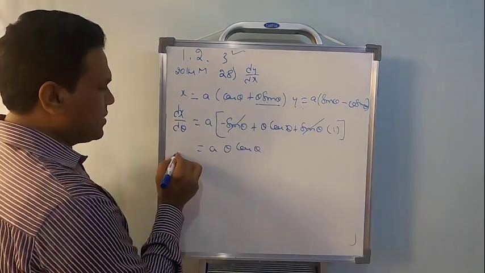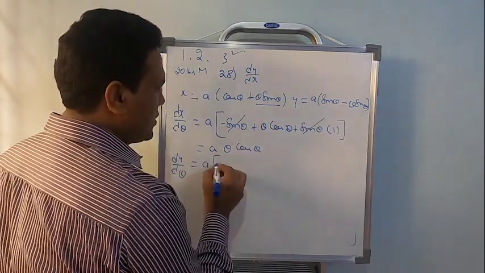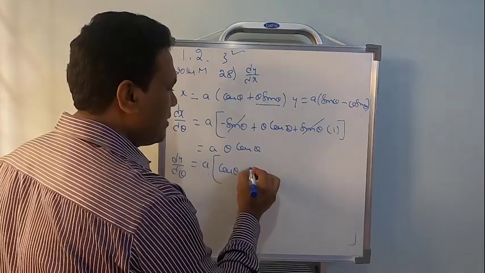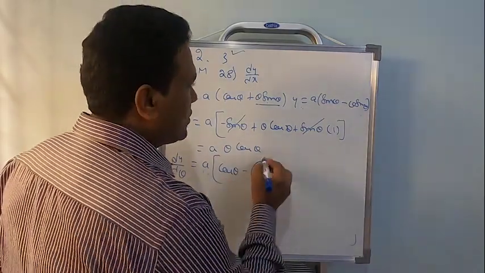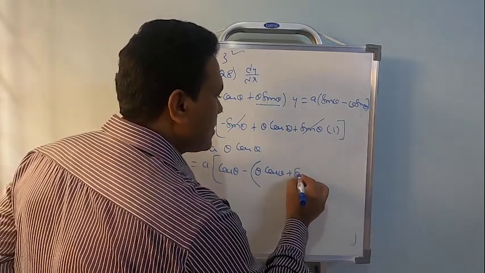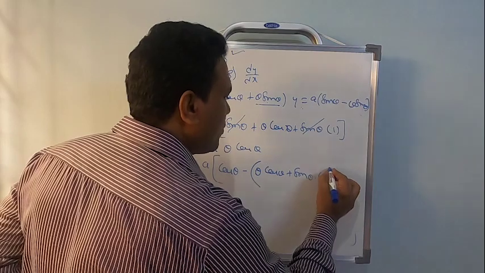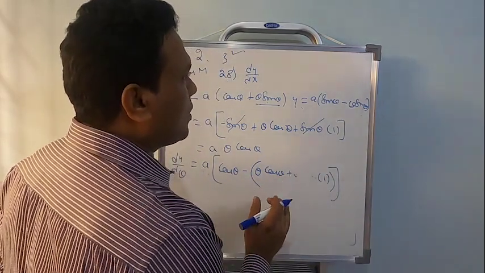Now I will differentiate this. Dy by d theta, a is a constant, differentiation of sin theta, cos theta minus sin, my suggestion will remain the same, open the bracket. So theta multiplied by cos theta, product rule.